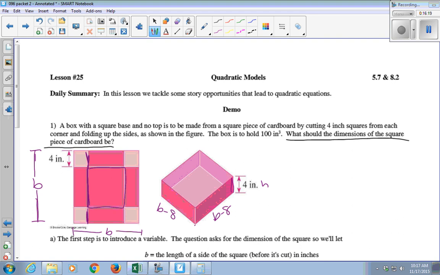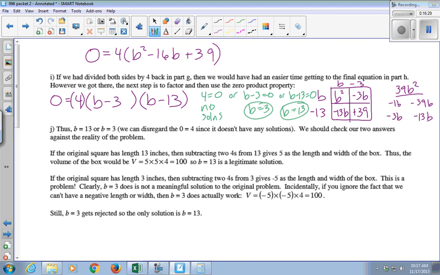So if b is 13, then you take away 4 inches for one square and 4 inches for the other little square. You're left with 5 inches, right? Okay, so that means that our box, when I build it, will be 5 by 5 by 4, or 100 cubic inches. So that's good, legitimate solution.